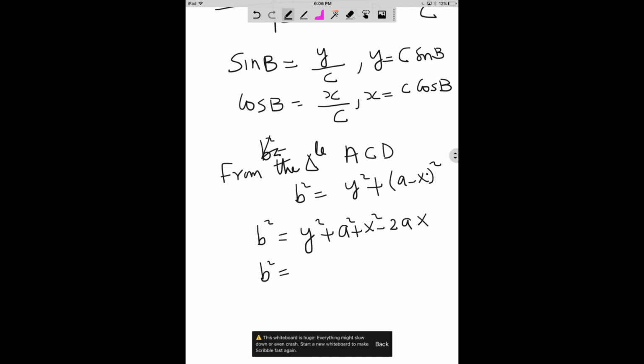So b square is equal to, what is y? We already derived that: y is equal to c sine B. Substitute c sine B there.